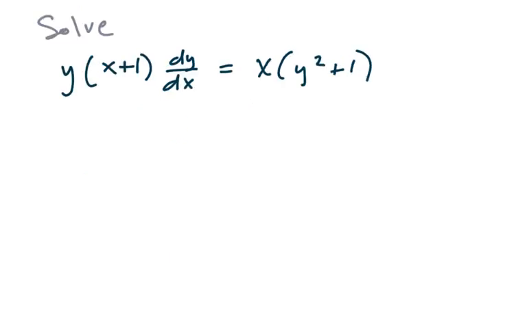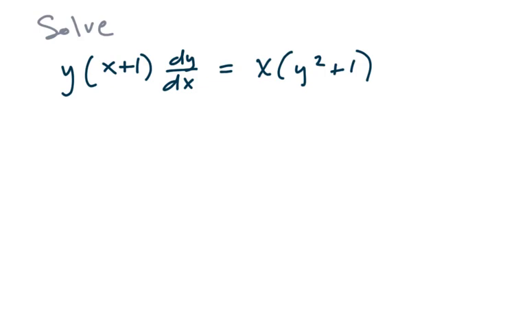All right, guys, we're going to do one more example. We're going to solve another separable differential equation. So in this case, I'm going to multiply by dx, divide by that y squared plus 1, get things on other sides of the equation.